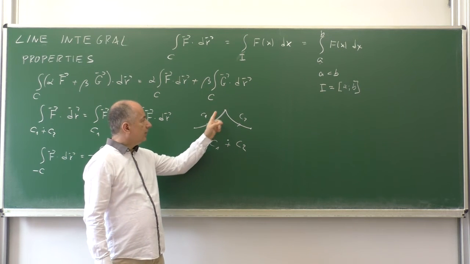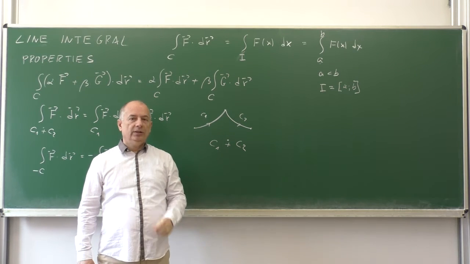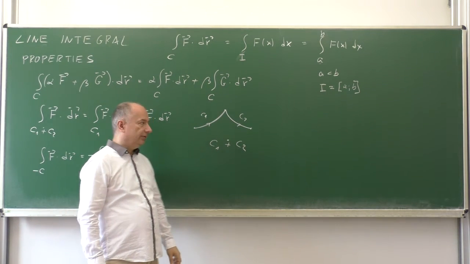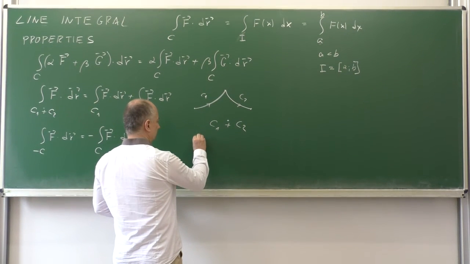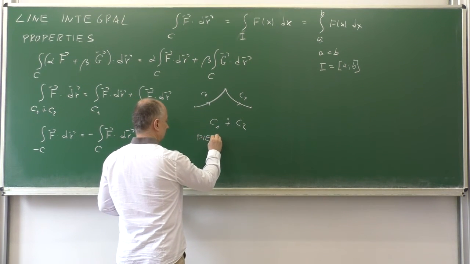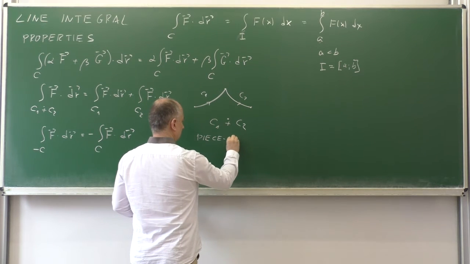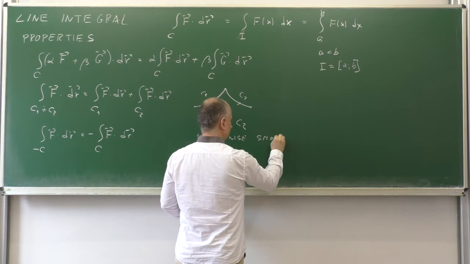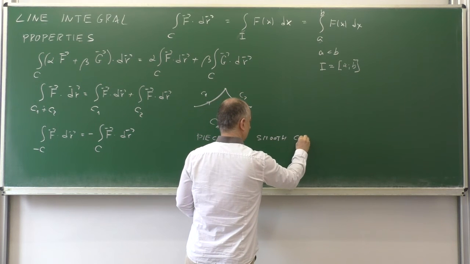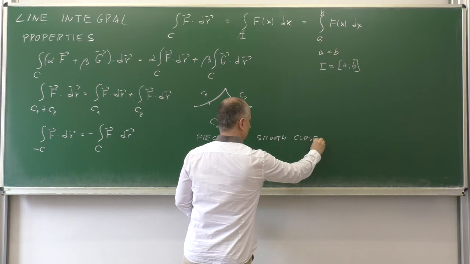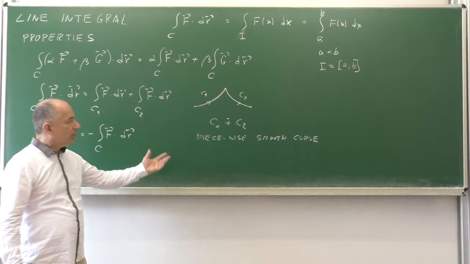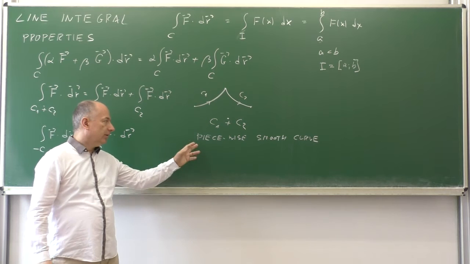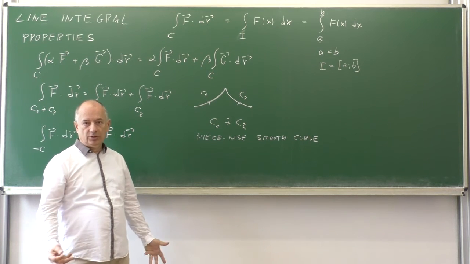Such a curve that is smooth up to a finite number of points is called a piecewise smooth curve. And we can consider a line integral not just over a smooth curve, but a piecewise smooth curve, which is a generalization.